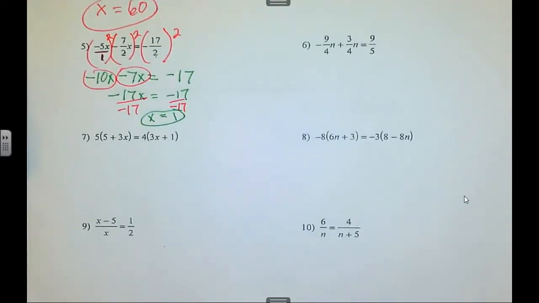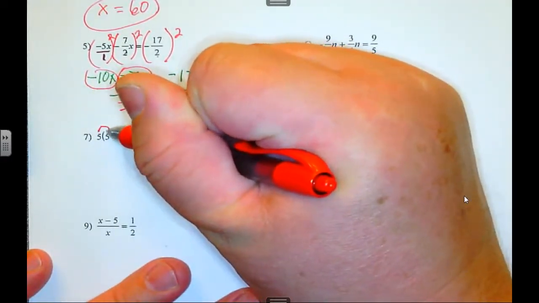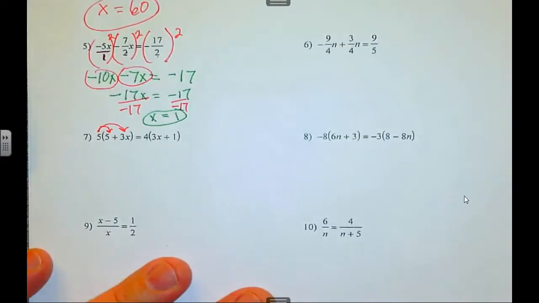Okay, number 7. What do I have to do? I have numbers in front of parentheses. 5 times 5, 5 times 3x, so I get 25.